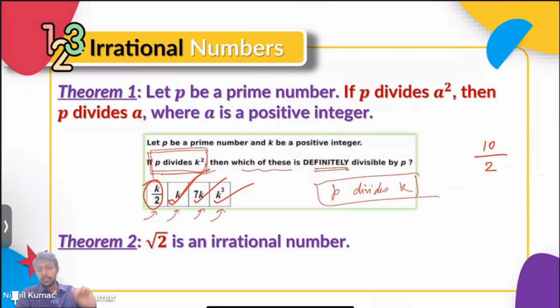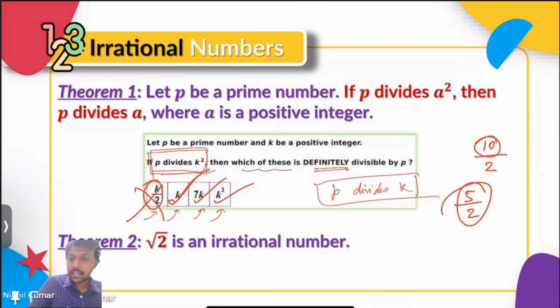So 2 divides 10, but can 2 divide K by 2 also? So that means 10 by 2. Is this possible? I mean, will 2 completely divide 5 without leaving any remainder? No. So not K by 2. Apart from the first one, all three will definitely be divisible by P.